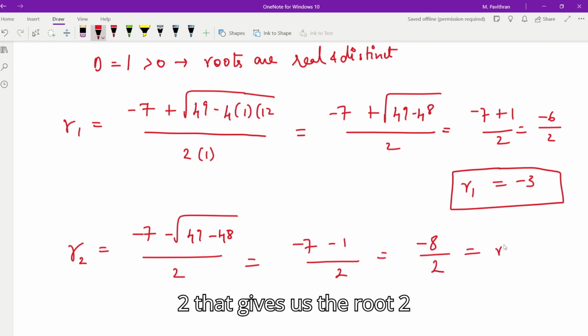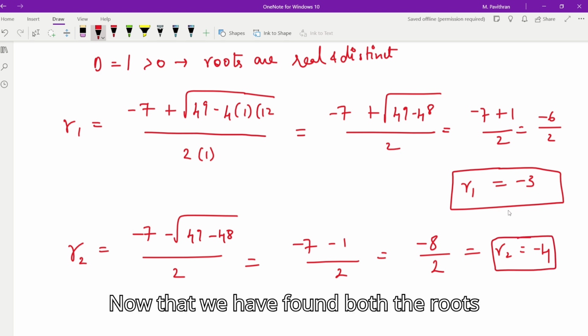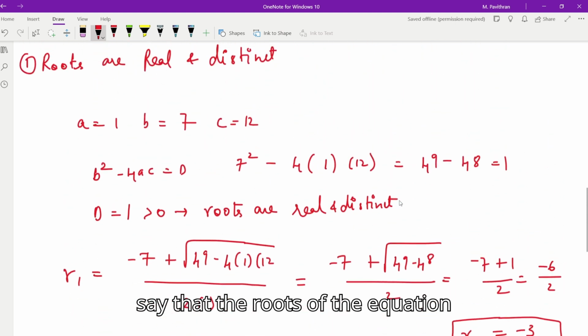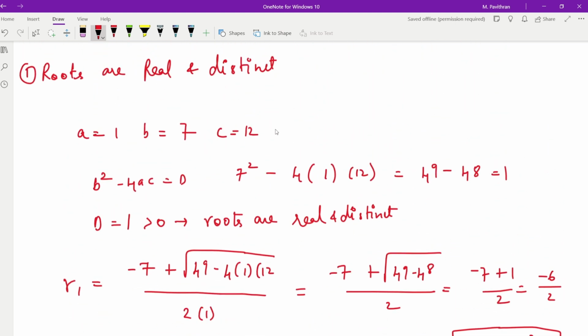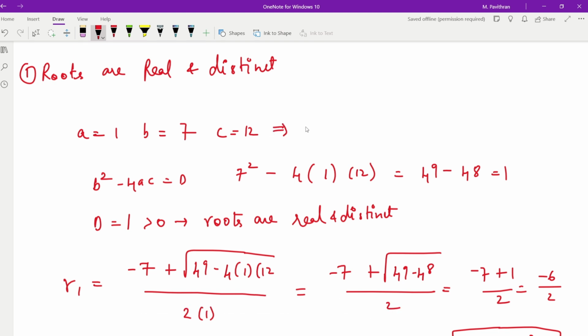That gives us the root 2 as minus 4. Now that we have found both the roots, root 1 and root 2, hence we say that the roots of the equation with the coefficients as 1, 7 and 12 are minus 3, minus 4, right?